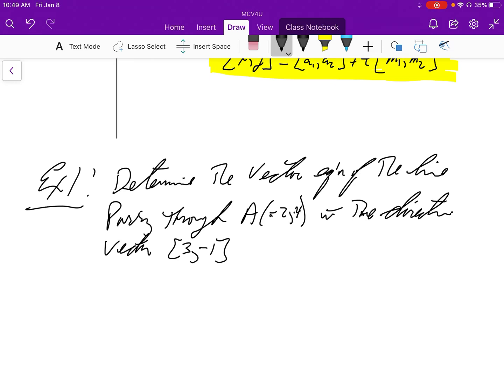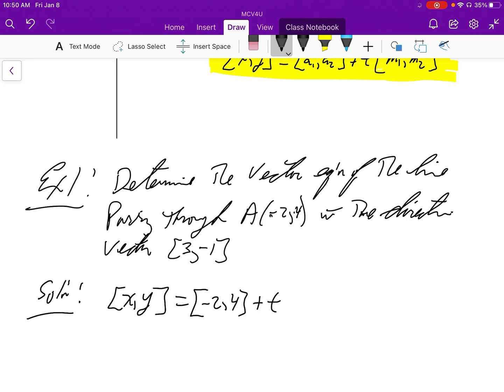All right, well, very quickly you can say our line, we always write vector equations in square brackets, is equal to the vector OA, the vector OA, square brackets, [-2, 4], plus some scalar of the direction vector.